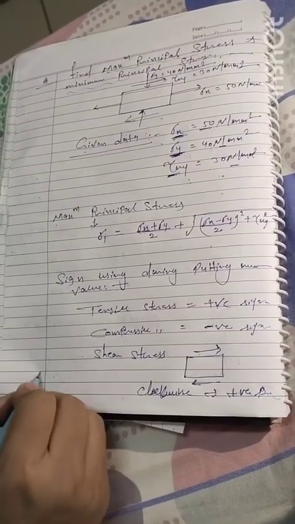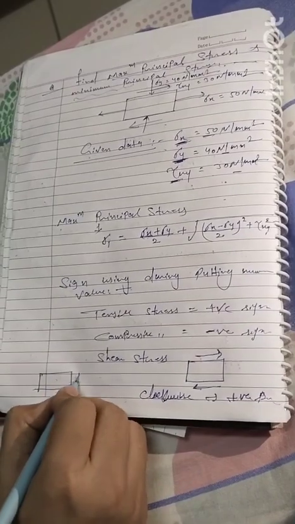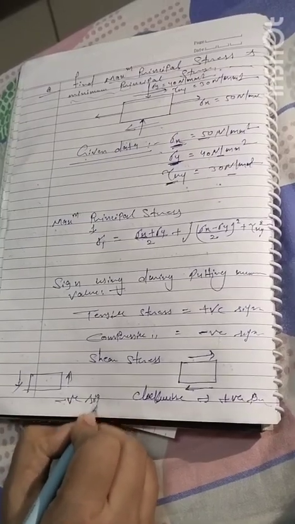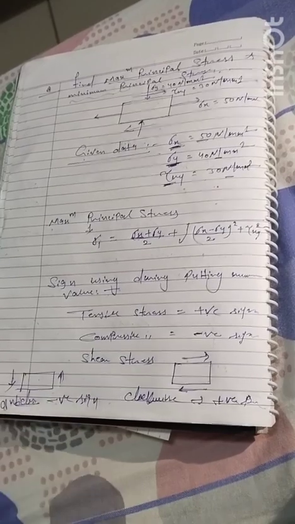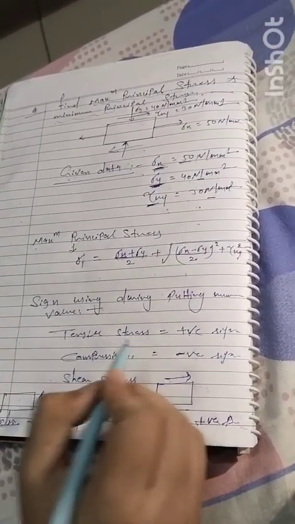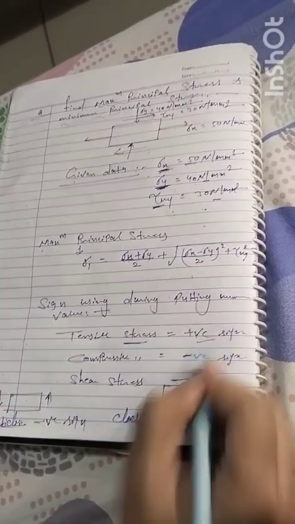And if the direction is anti-clockwise, then you have to take the negative sign. So now the concept is clear to you: if you are putting the value of tensile stress, you take the positive sign.